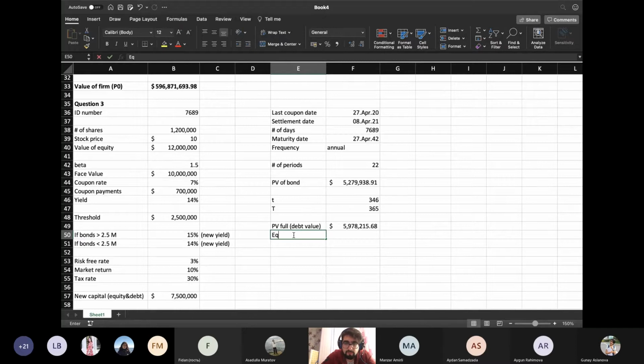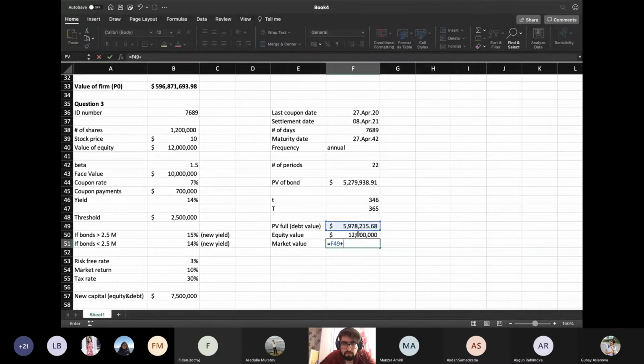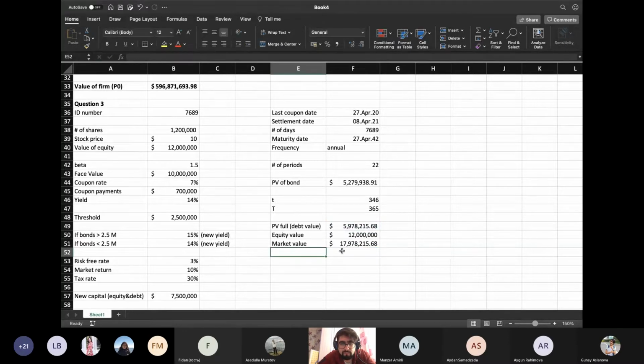We have also equity value, which is 12 million. So in total, market value of firm is equal to debt value plus equity value, 17 million.